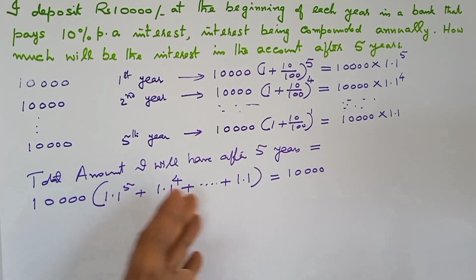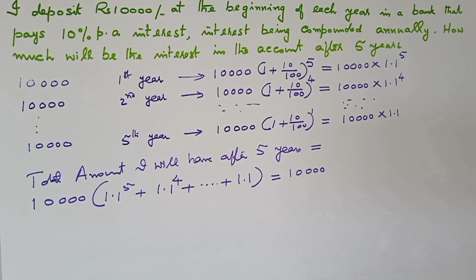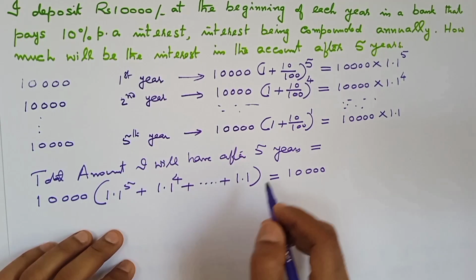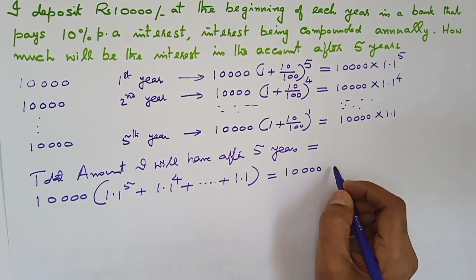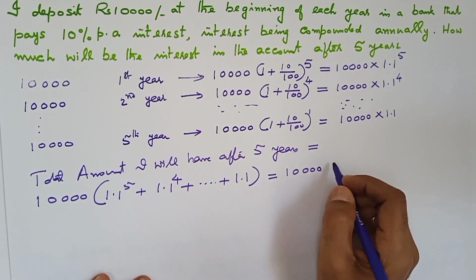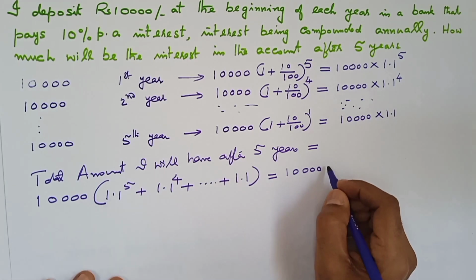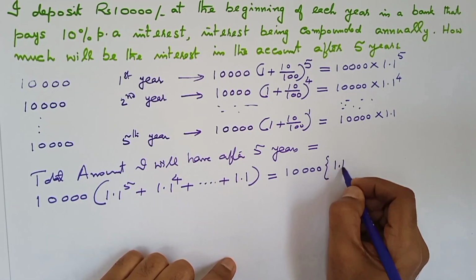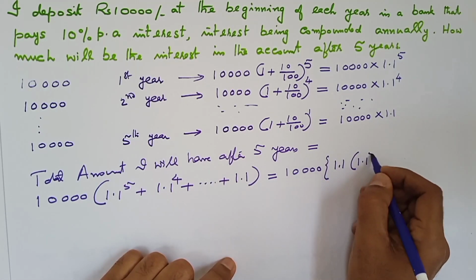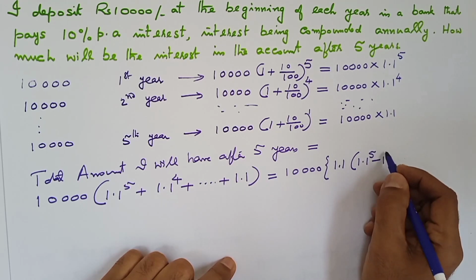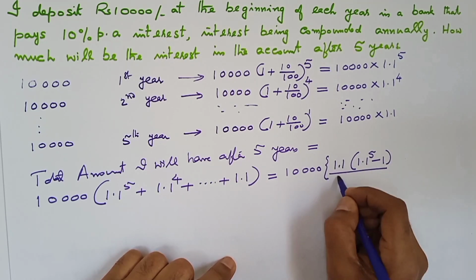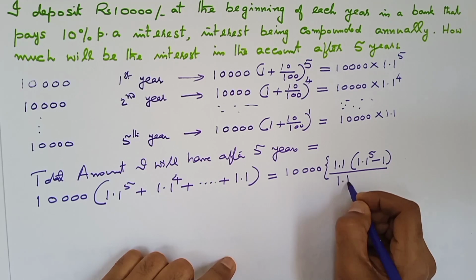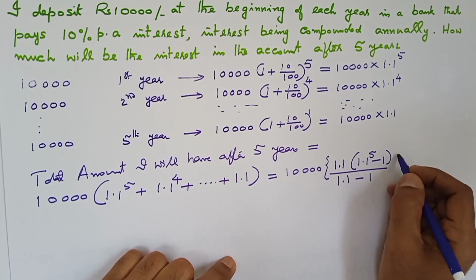You can individually work out each one and add up, or alternatively, this forms a geometric progression. We will make use of the sum to n terms of a geometric progression. The first term is 1.1 and inside 1.1 to the power n minus 1 by r minus 1.